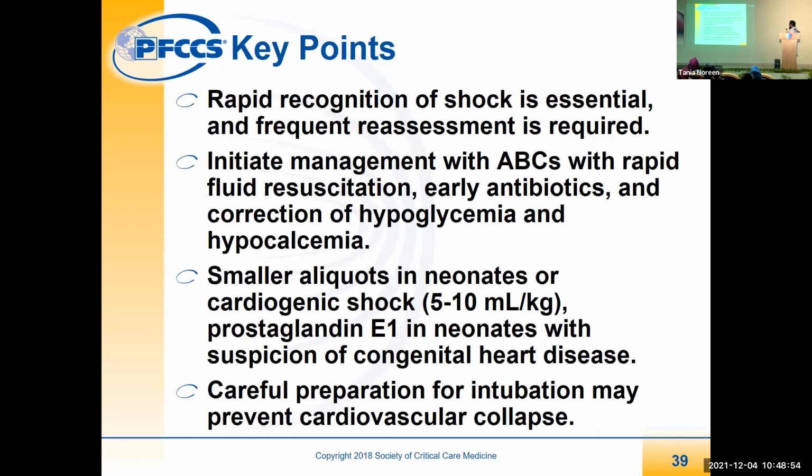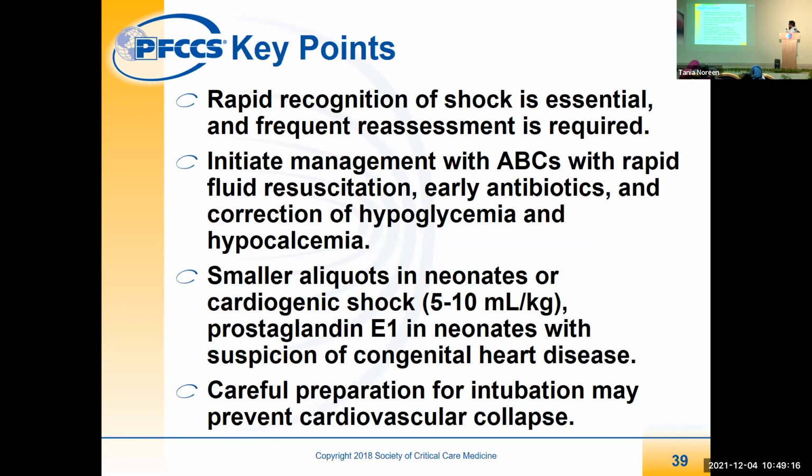So the key message is timely recognition, intervention and reassessment, like the direct method. ABC, of course, is the priority. Fluids, early antibiotics, and correcting hypoglycemia and hypocalcemia, especially in younger kids, is very, very important.